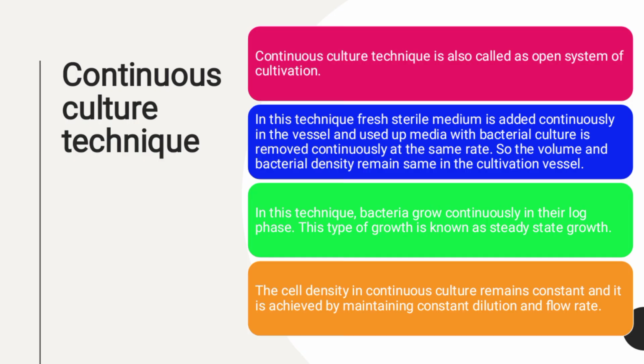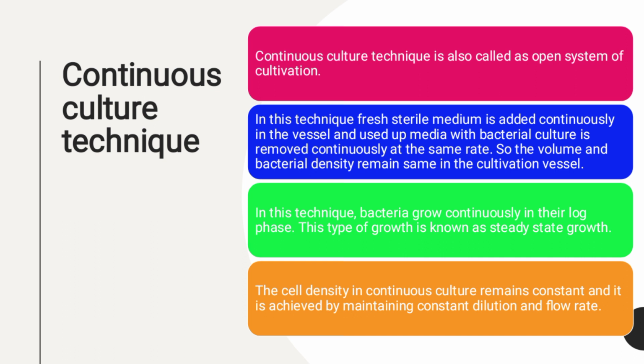Third, continuous culture technique. Continuous culture technique is also called an open system of cultivation. In this technique, fresh sterile media is added continuously to the vessel and used up media with bacterial culture is removed continuously at the same rate. So the volume and bacterial density remain the same in the cultivation vessel.